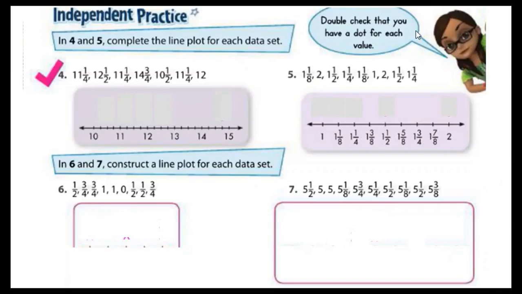Number 4, here is 11.25, 12.5, 11.25, 14.75, and 10.5, 11.25, and 12.